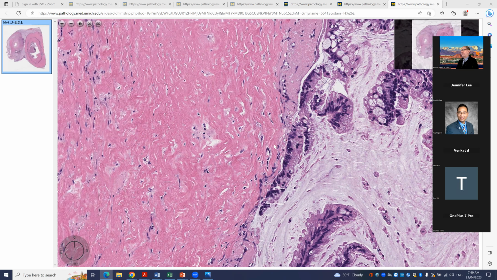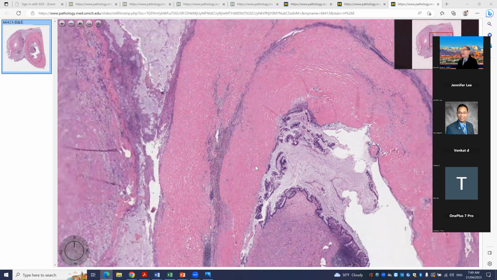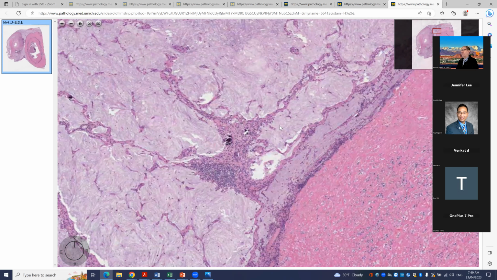So here again, the situation is we have the epithelium here within the lumen, but the mucin out here is still predominantly acellular, and just macrophages again.